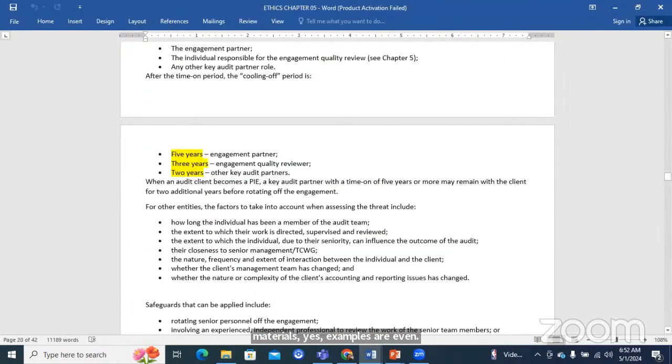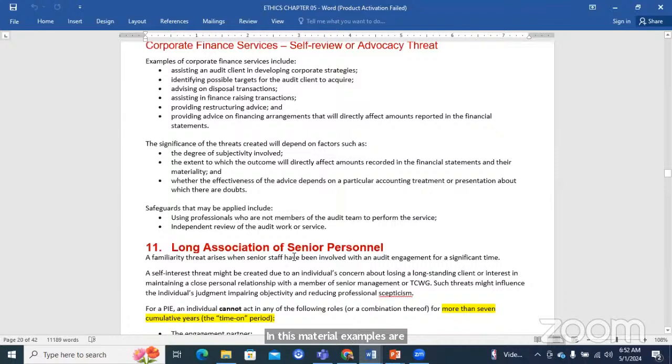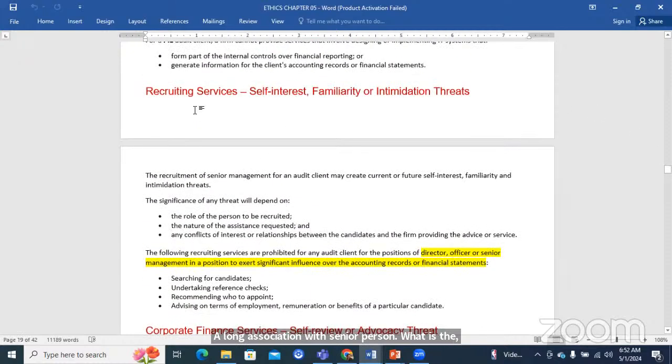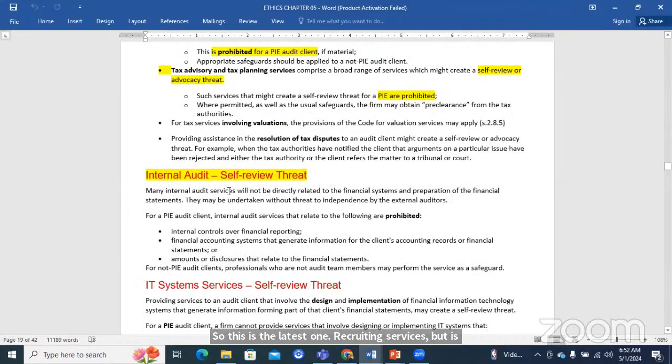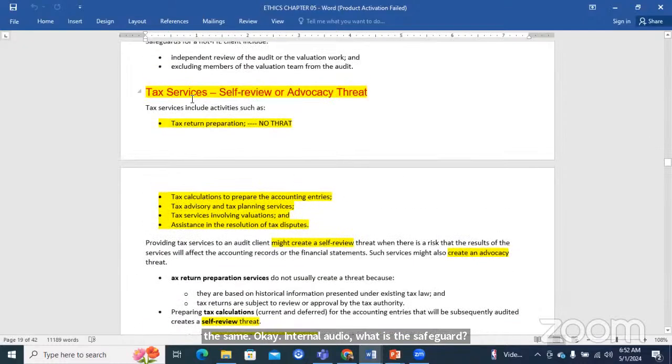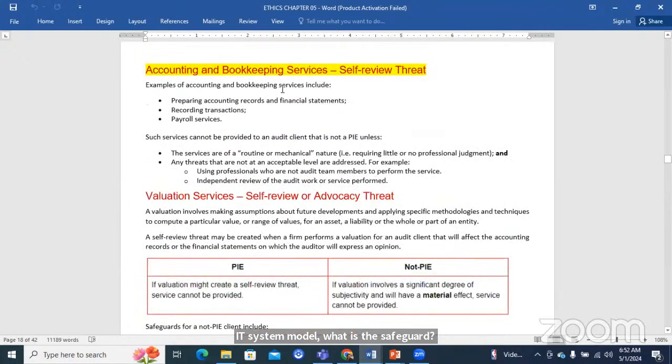For example, see here, a long association with a senior person. What is the safeguard? Corporate financial services. What is the safeguard? This is the latest one. Recruiting services. Internal audit. IT system audit. Tax services. Accounting and bookkeeping service.